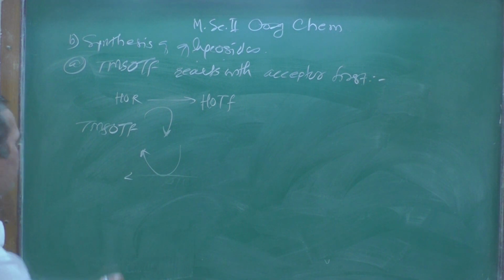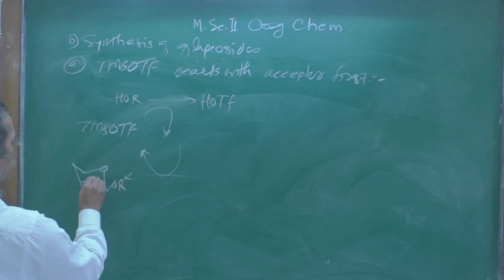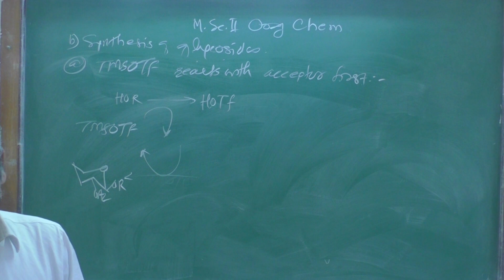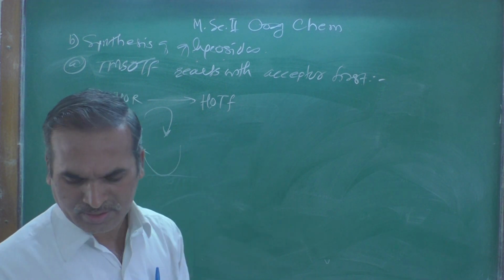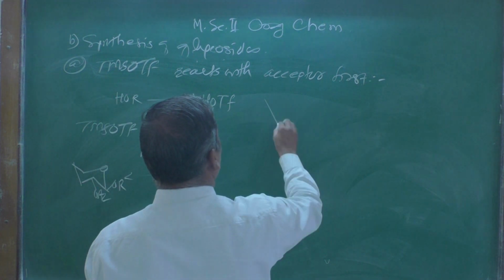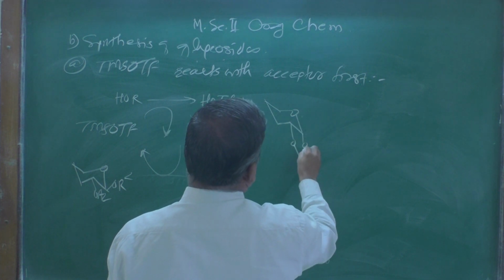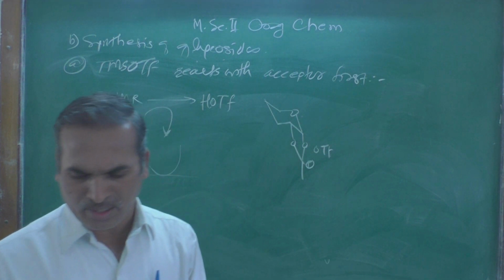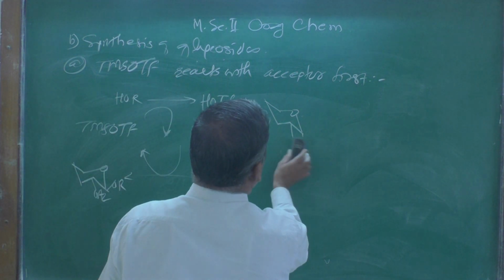There will be this one, we are getting OR and the OAc, glycoside formation once again over here, and from this we can get this compound once again, O, this one positive charge OTf, that type of the salt here. Let us see.